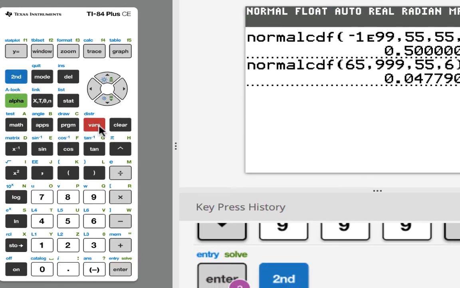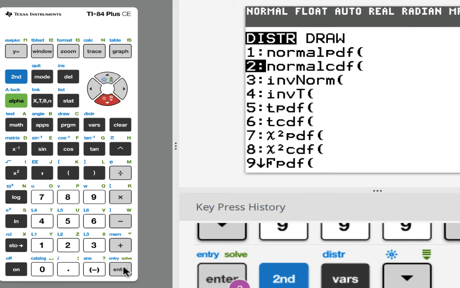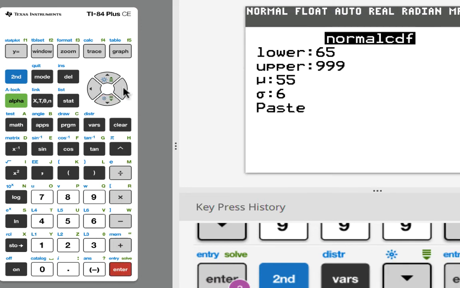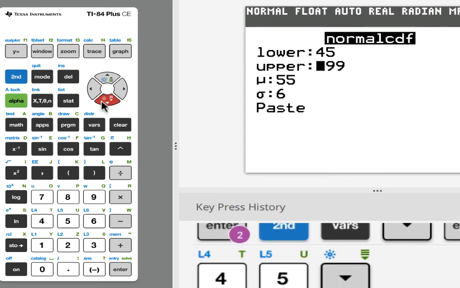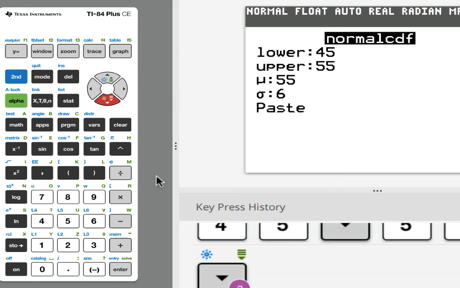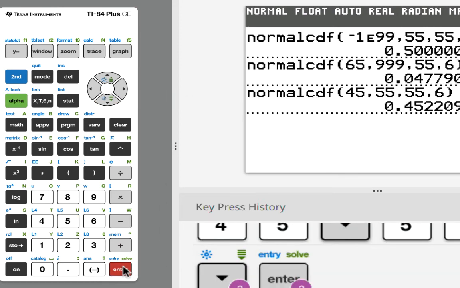So second, then taking the number down, lower is 45, upper is 55, and then 55 and 6 are the same.